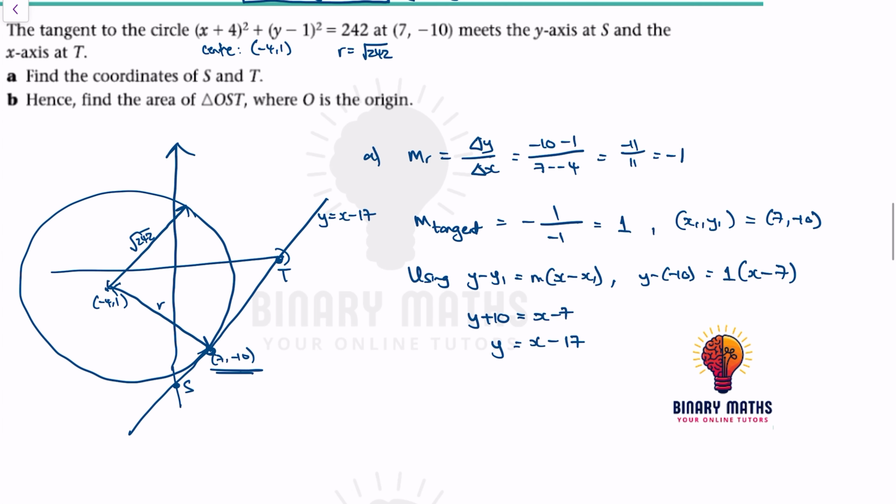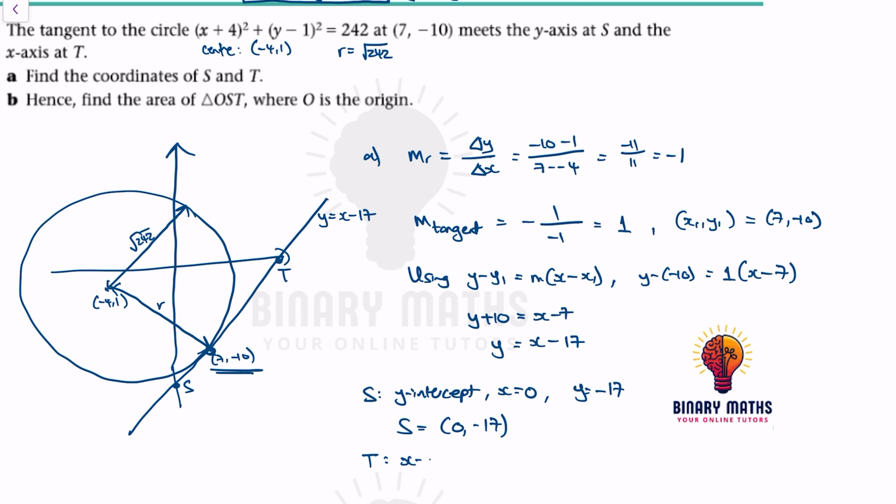Now, to find S, which is the y-intercept, that implies x is equal to 0. So y must be equal to negative 17. So S will be equal to 0, negative 17.